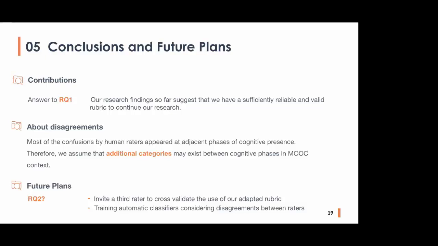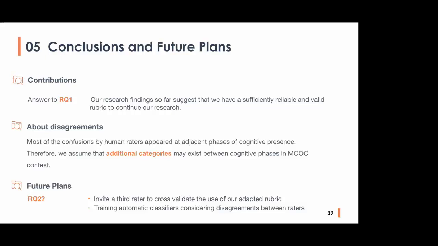As for research question 2, we actually focus on what to do with the disagreement data rather than agreement data. If the data set is small, the number of disagreements is small as well. But if the data set is huge in volume, we cannot just ignore them. So one of our next steps will be to cross-validate our adapted rubric with a third rater to see if the reliability decreases or not.